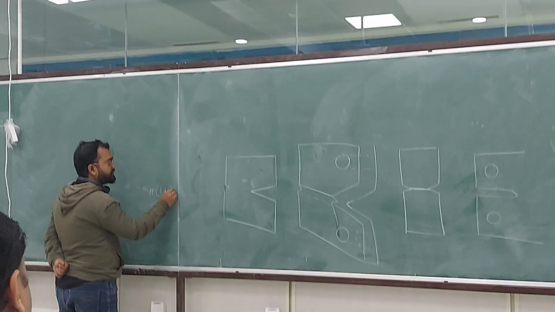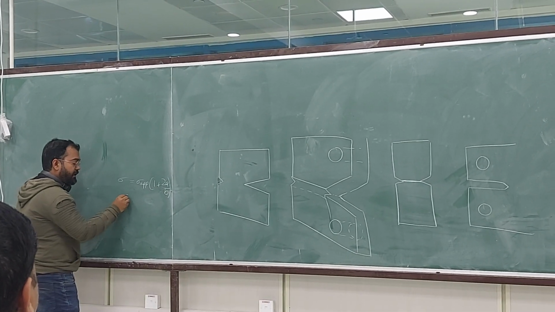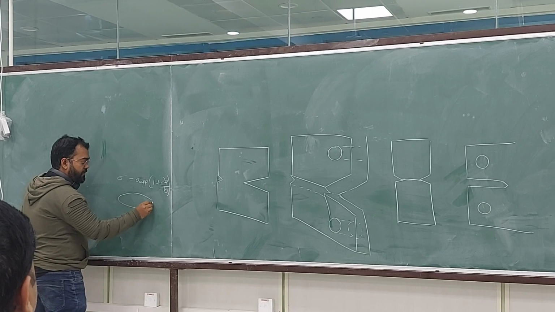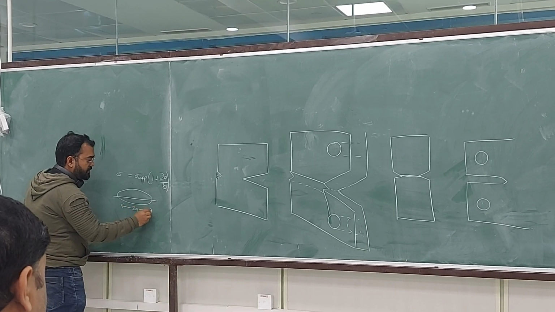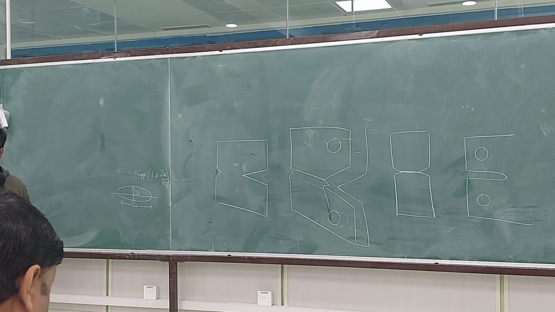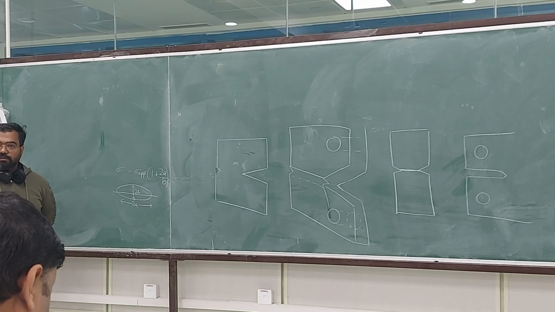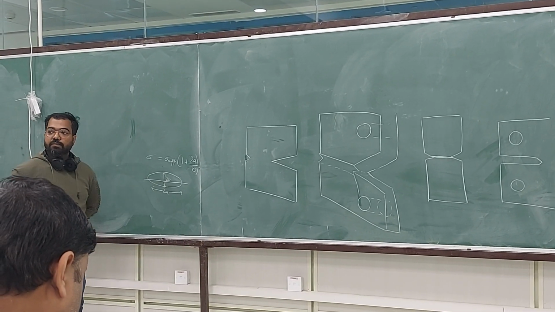So this is the stress concentration factor for an ellipse. Okay? So this is two-way and this is two-way. Right? So what will be the value if b goes to 0?